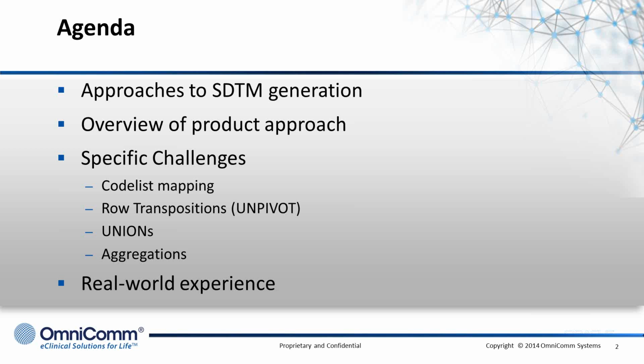Some of these row transposition challenges where the way they want it in SDTM is other than the way you actually collect it on the CRF. Unions, there are a number of domains where you need to get data from multiple data sources. How do you do that? And then there are needs for aggregations, typically min and max, such as to calculate start and end of dosing, and then one slide on just customer experience to date.